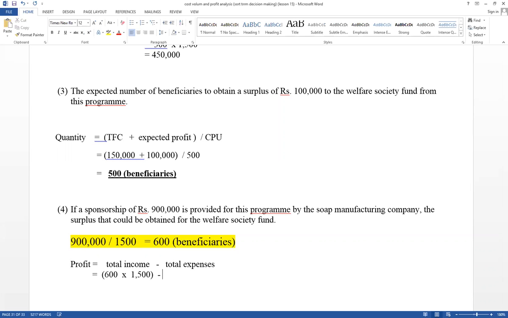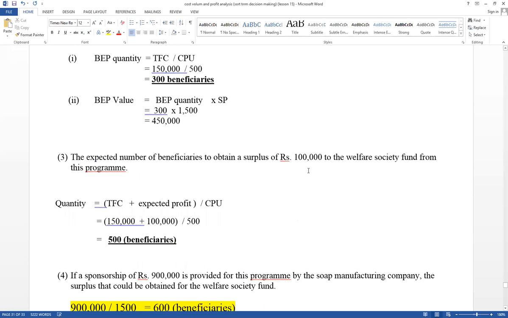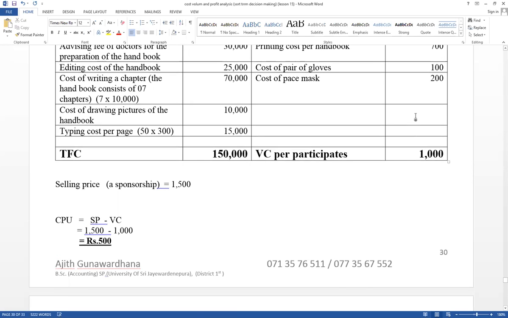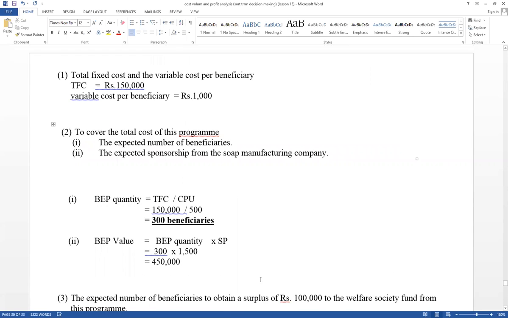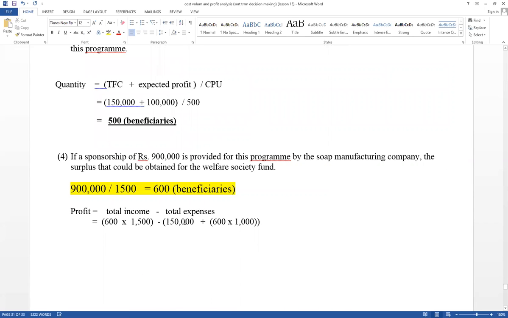Total expense includes total variable cost as well as total fixed cost. Total fixed cost equals 150,000. Total variable cost is the number of beneficiaries, 600, times variable cost per unit of 1,000, as calculated. Variable cost per unit does not change.